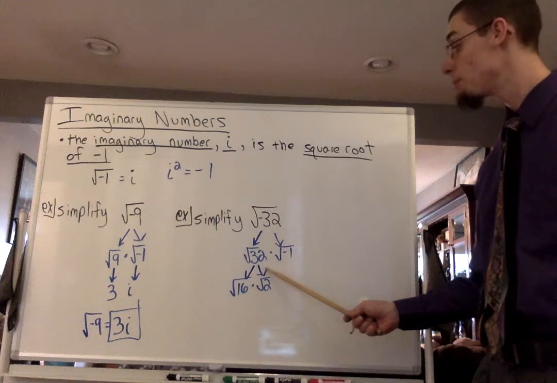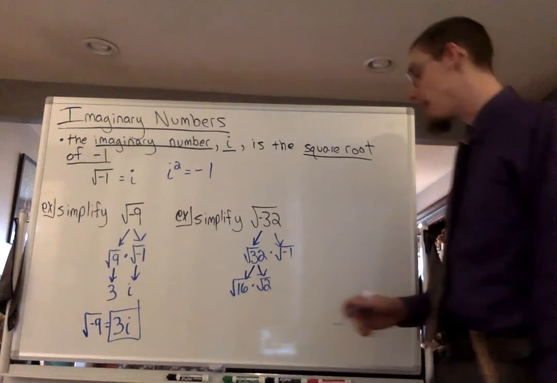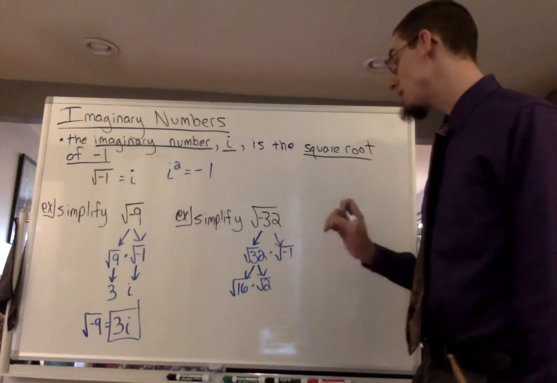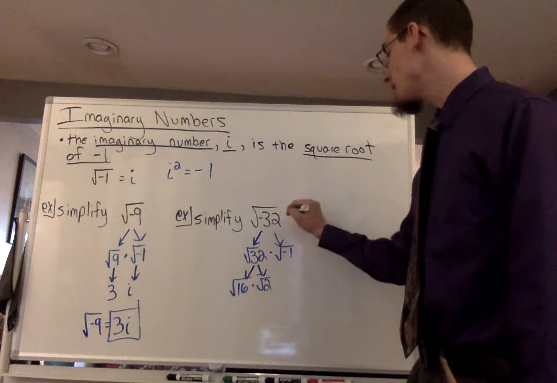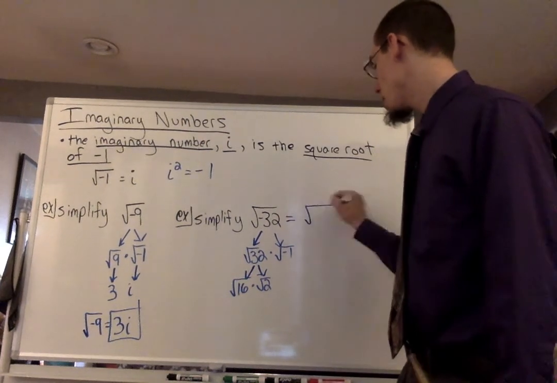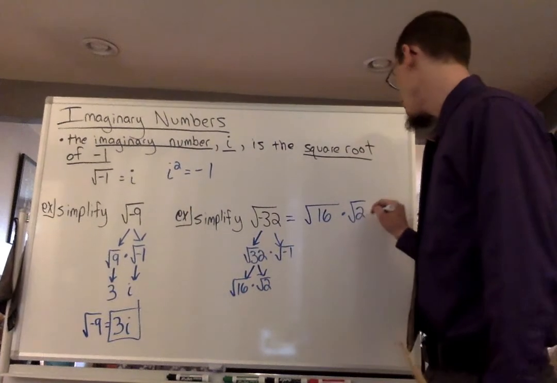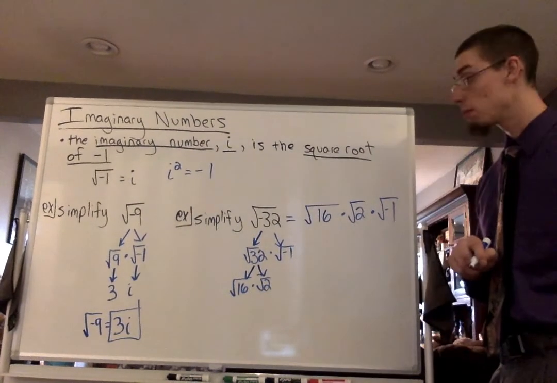So I could take the square root of negative 32 and rewrite it as the square root of 16 times the square root of 2 times the square root of negative 1.